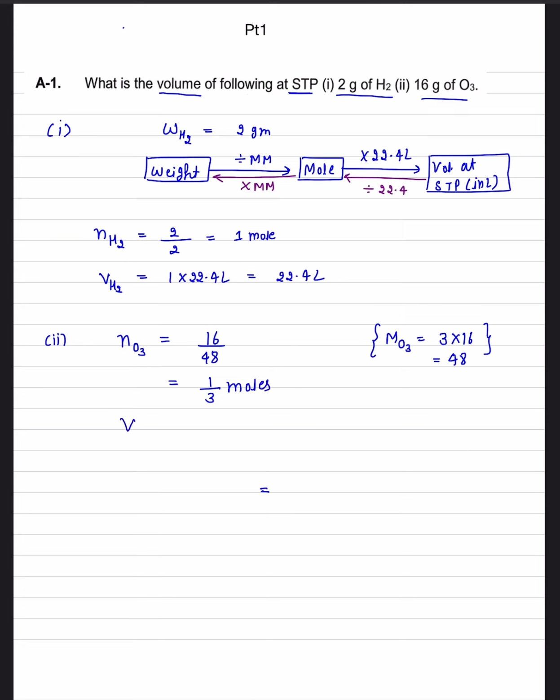So now we want volume of ozone gas at STP. You know very well what to do, multiply with 22.4 liter, and when we multiply we will get the answer. So how much answer we got? We can do multiplication here. Yes, divide, sorry, my mistake. 7 times, so we got 21, 1, 4.